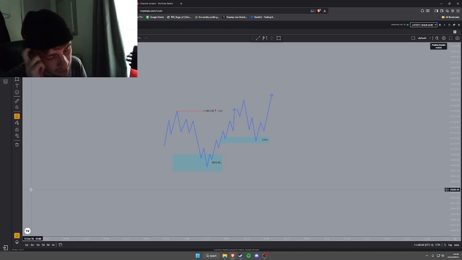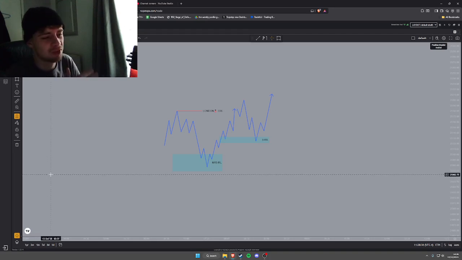So how I use these is there's not three models, but three ways I can use this stuff. So I enter on the 1 minute, usually 1 to 5. So using time-based order pairing, you want a 15-minute PD array and a 15-minute high.